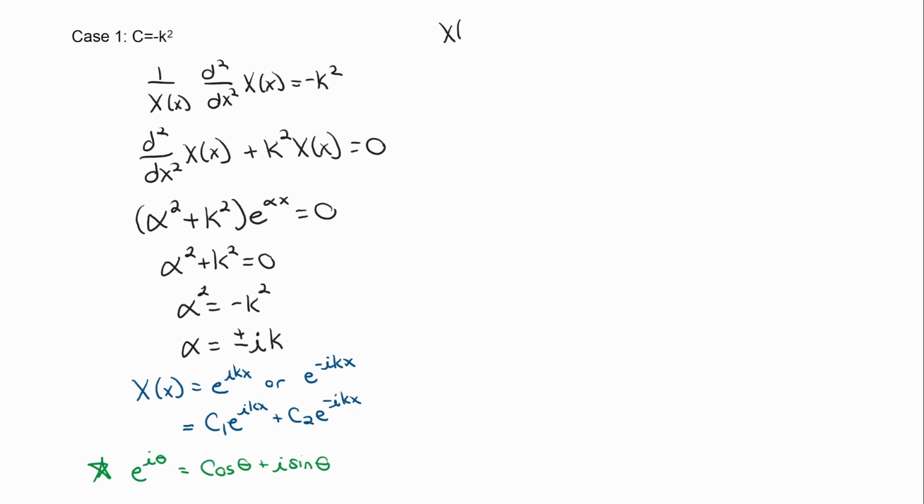So we'll get x of x is going to be equal to c1 multiplied by cosine of kx plus i sine of kx, plus c2 multiplied by cosine of kx minus i sine of kx.